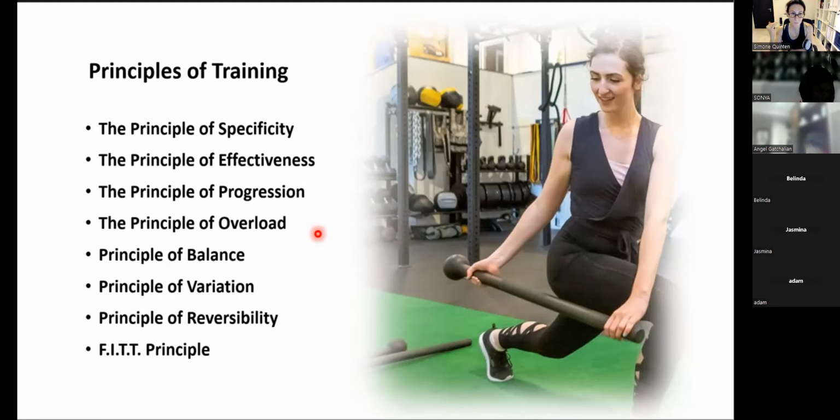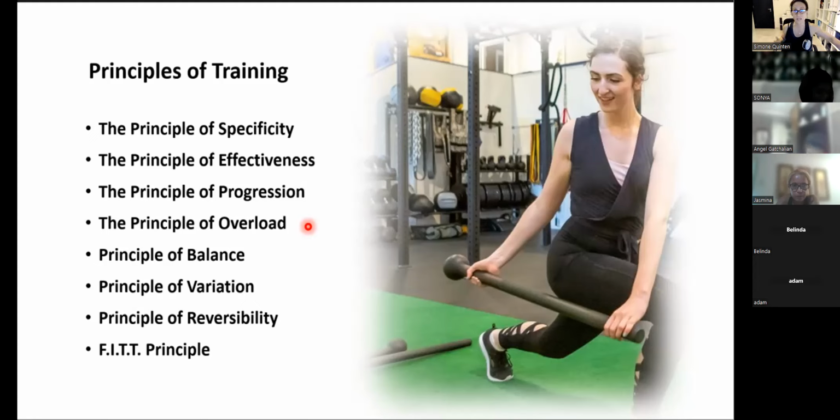So you need to slowly start a progression, and a progression could be not only that you are changing to a heavier weight. For example, you could use the same weight but make it harder by changing the tempo of the exercise.